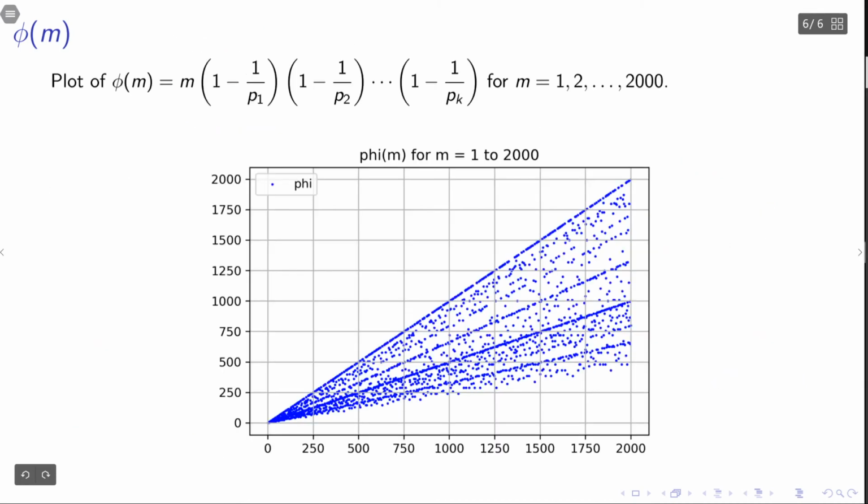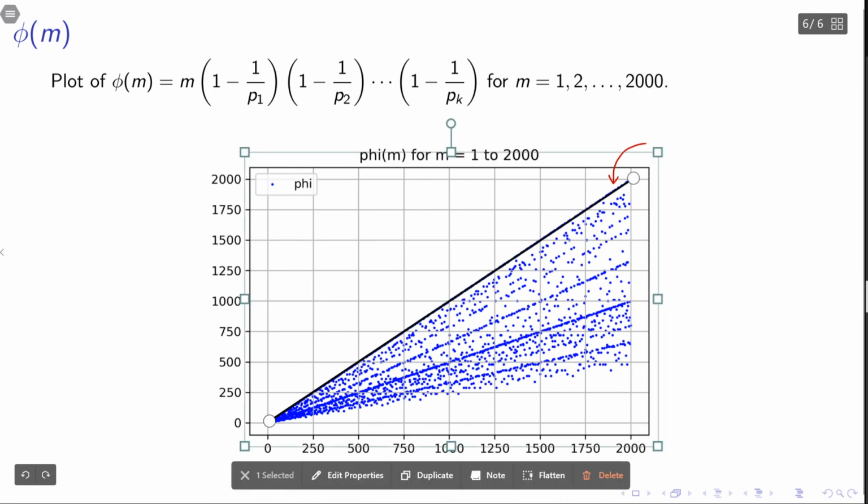And this is actually what the graph looks like, right? When you plot a scatter plot, phi of m, m equals 1 to 200. And in fact, this line on top, right, this line is very, very close to the line y equals x.